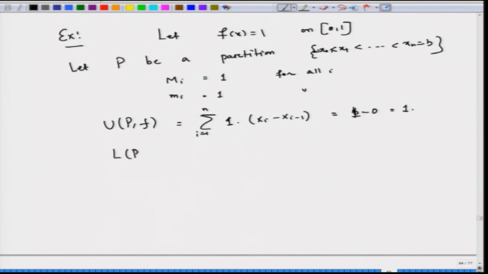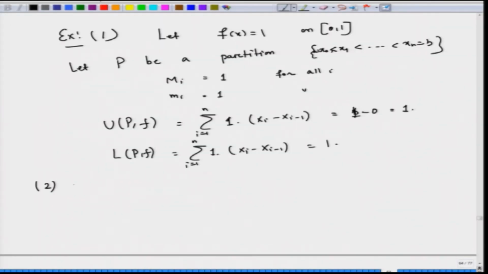Now, L(P, f), since small m_i is also 1, is the same thing, which is equal to 1. Therefore, the constant function is integrable, and the integral from 0 to 1 of f(x) dx, in this case, is going to be equal to 1.